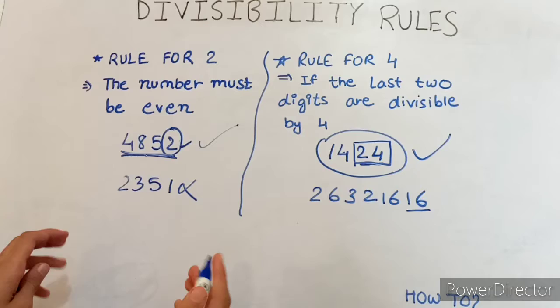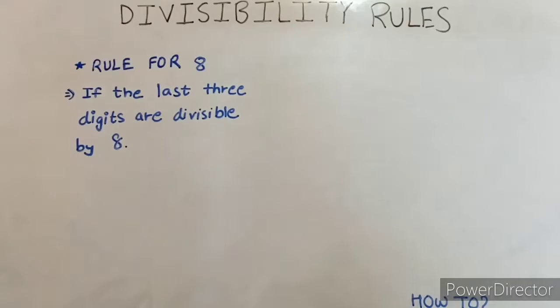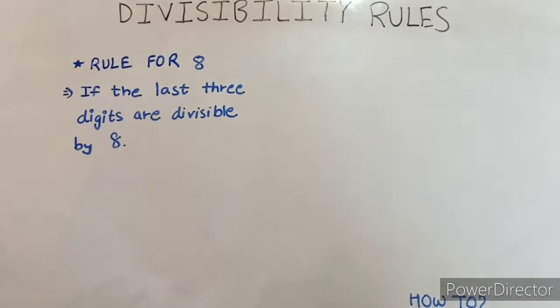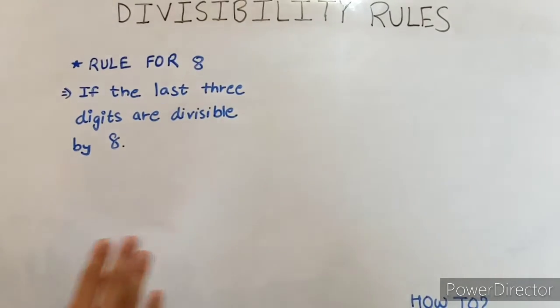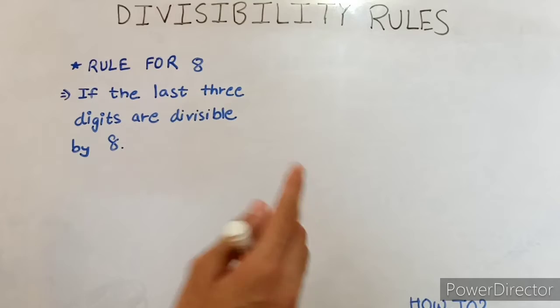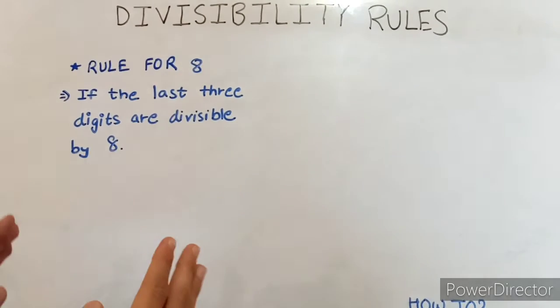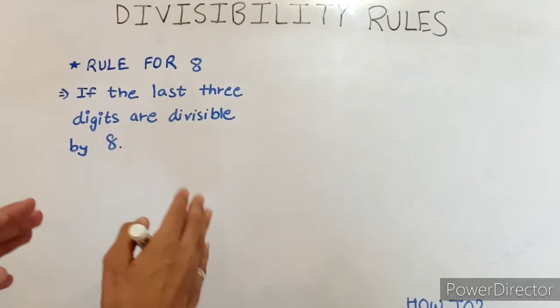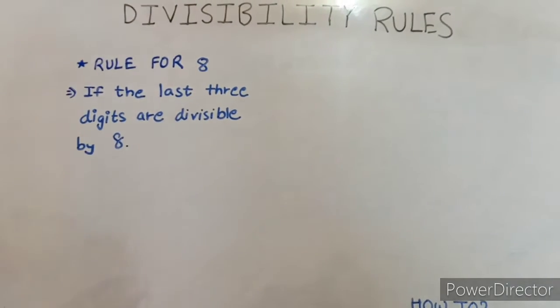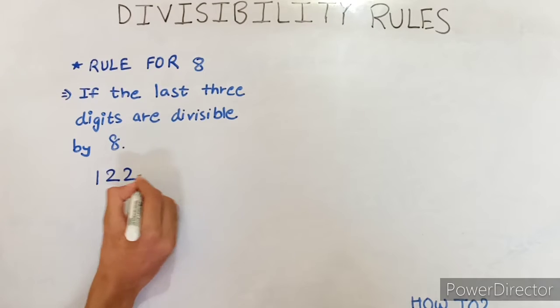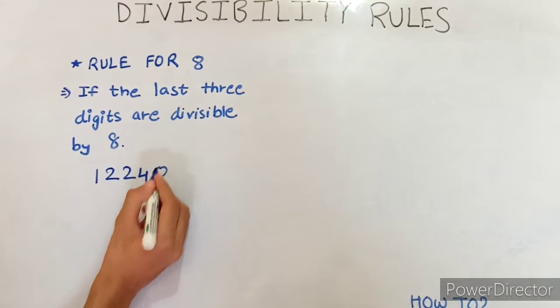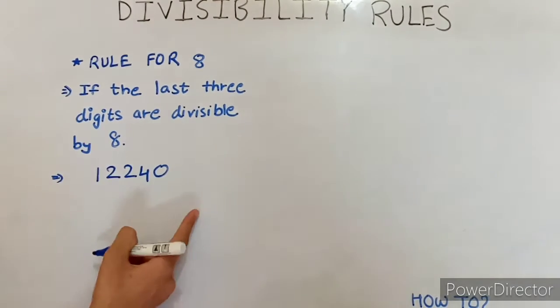Now let's check the divisibility rule for 8. This is also very simple. If the last three digits are divisible by 8, then the whole number is divisible by 8. Okay, let us take an example and understand it. Let's take one example, 12,240.